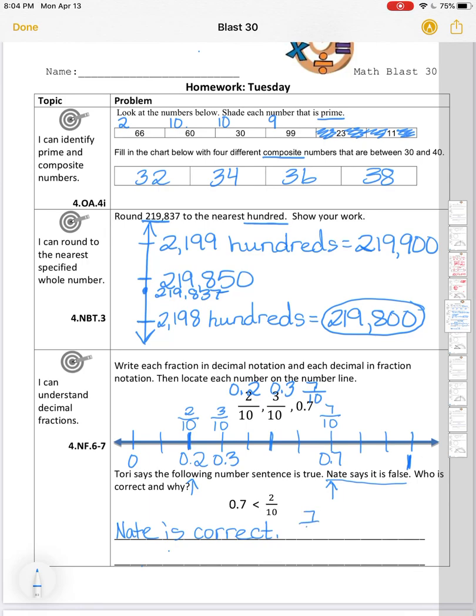Okay, so we can say 7 tenths is greater than 2 tenths.